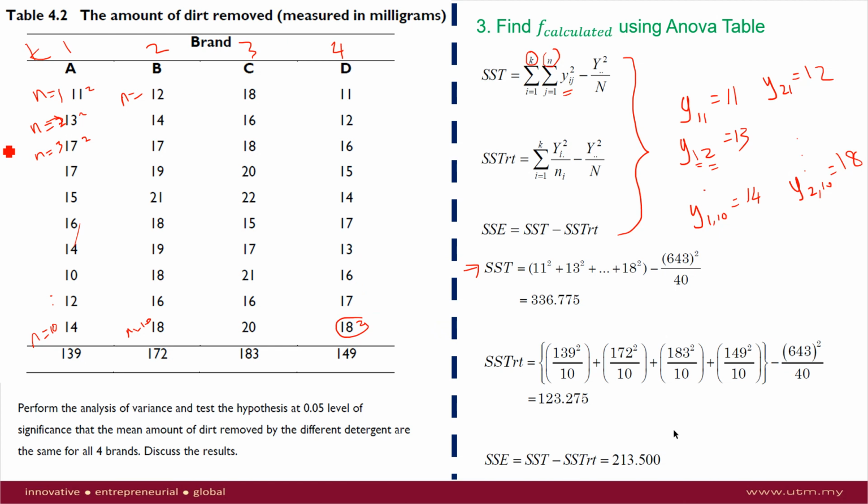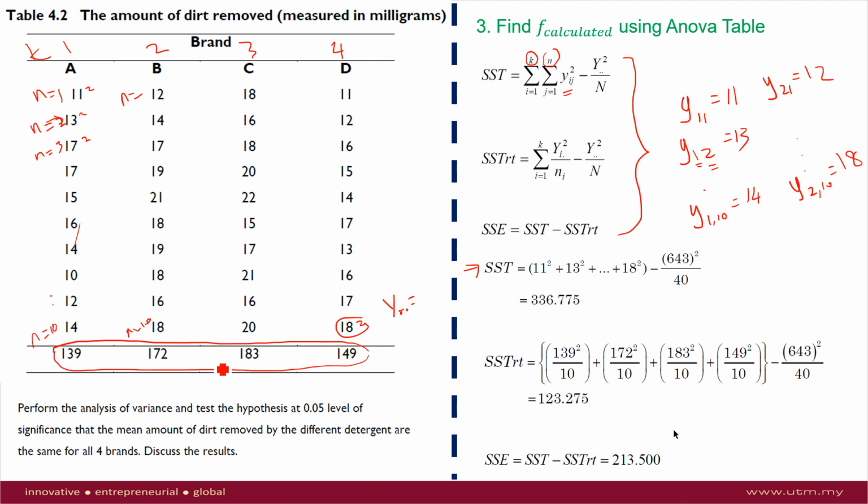Every number inside the table you have to square and sum all of the squared data. And then minus Y dot dot, where big Y dot dot means the total value of all these numbers.